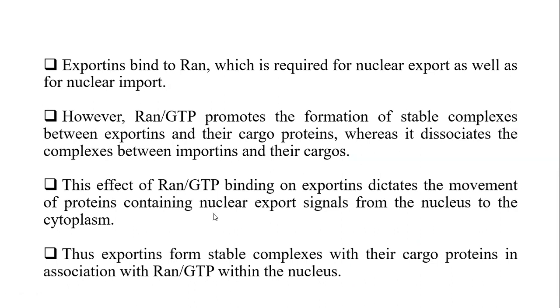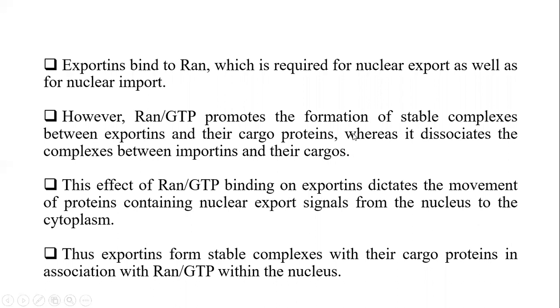Now, just as we discussed the RAN GTP involvement with the importins, the same way we have it for the exportins also. So exportin binds to RAN, which is required for nuclear export as well as for nuclear import. RAN GTP promotes the formation of a stable complex between the exportins and the cargo proteins, whereas it dissociates the complex between the importins and their cargos.